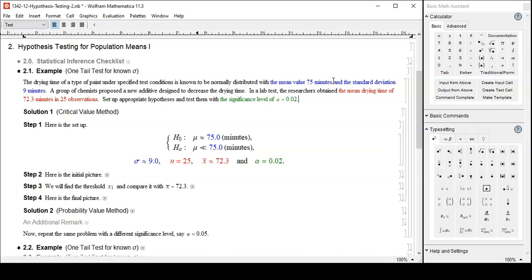All right? What if I just copy and paste like this? Then this is the sample standard deviation, because the standard deviation of 9 minutes, that information came along with the sample. 72.3 minutes and 9 minutes in 25 observations. You see, it came from the sample, so this is the sample standard deviation.